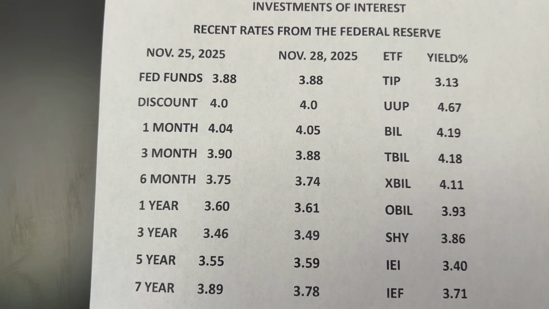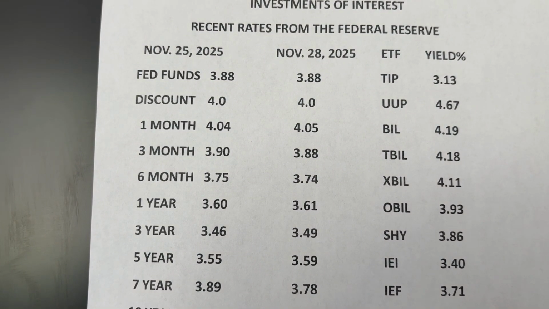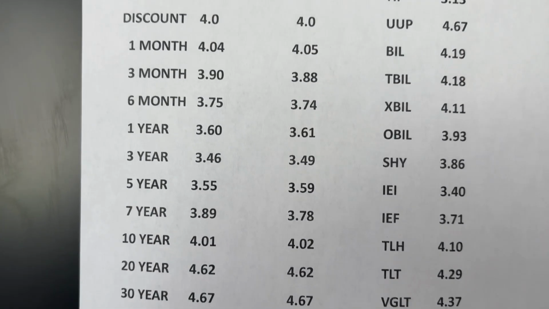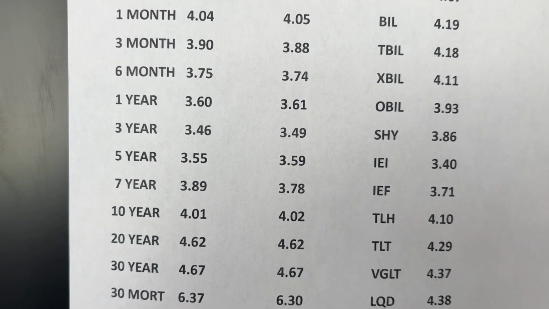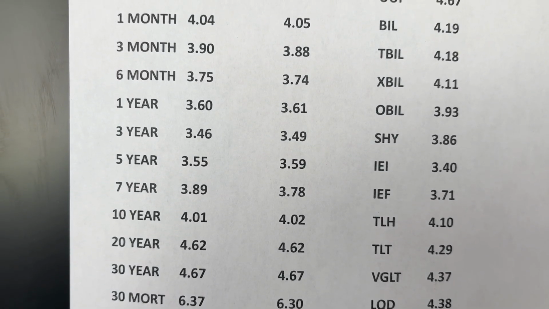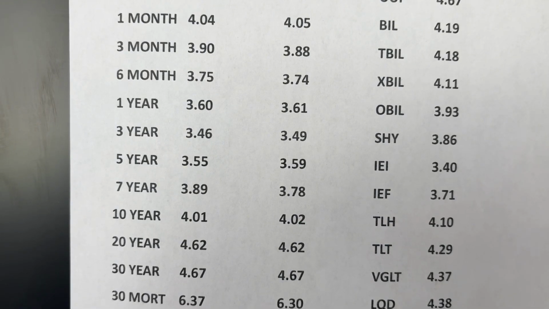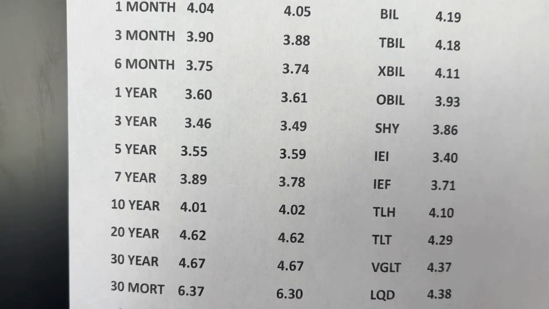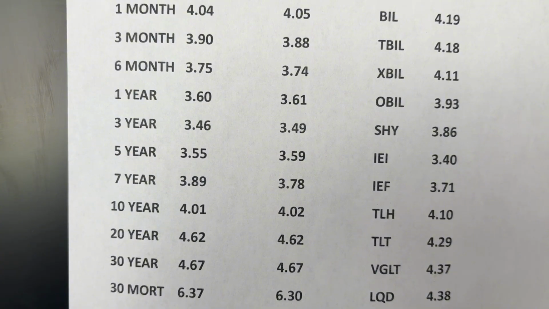Go out to 5 years, 3.55, and there's an ETF, IEI, that's yielding 3.4. What's interesting is that after we reach a low point of interest rates there around 5 to 7 years, then interest rates start to climb. Notice the 5-year rate 3.55, the 7-year rate 3.89, 10-year 4.01, all the way to the 30-year bond 4.67.